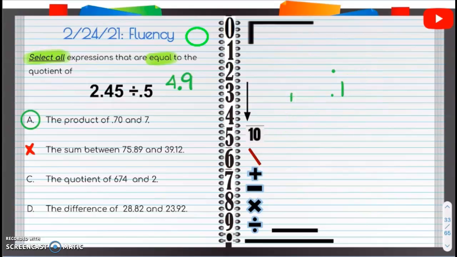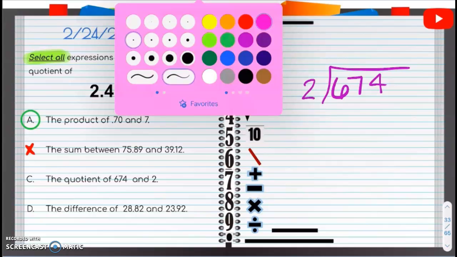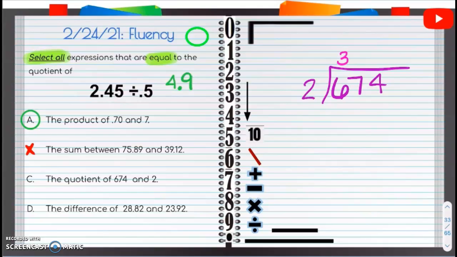All right, now we are going to take a look at the quotient of 674 and 2. So divide by 2. 2 goes into 6 3 times. 2 times 3 is 6. Subtract, 6 minus 6 is 0. Bring down that 7. 2 goes into 7 3 times.